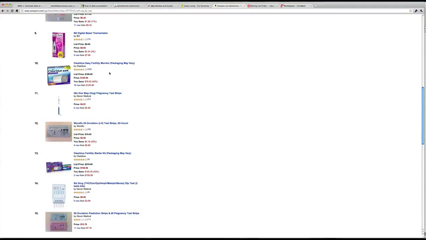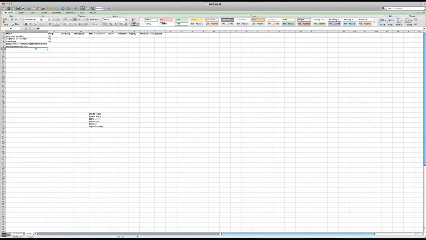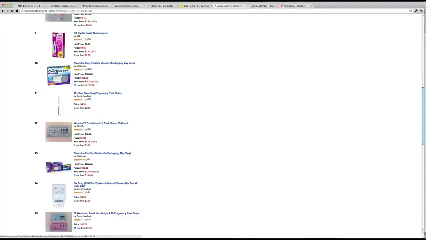Now, who in the world would need a fertility monitor? Well, my guess would be women who are trying to get pregnant, or couples who are trying to get pregnant. So we could put women and couples trying to get pregnant. So we took that physical product and brought it back to that market, the group of people that would use it.